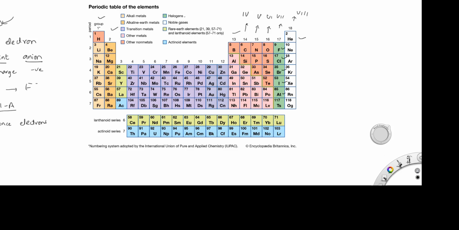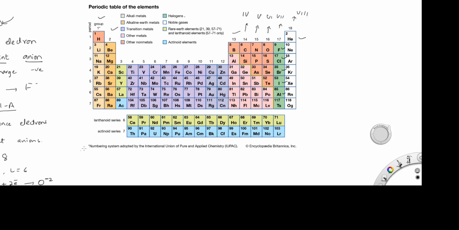So they would form divalent anions. Let's consider, for example, oxygen, atomic number 8. So K shell 2 electrons, L shell 6 electrons. So oxygen would gain 2 electrons to form oxide negative ion, that is a divalent anion.